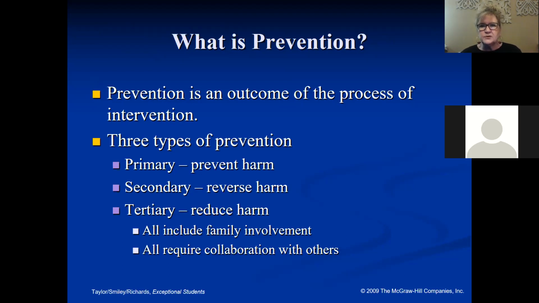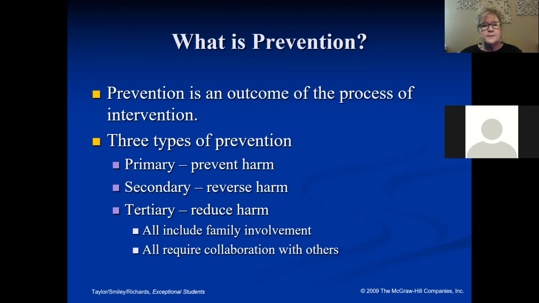It mushrooms into the home setting. So it does require collaboration with others. Oftentimes the family that we're dealing with has layers of support from other agencies in the community, and it will require us to work with other entities as well.